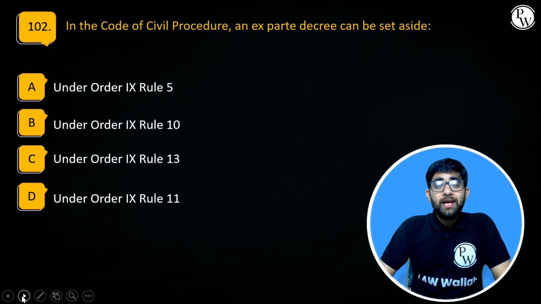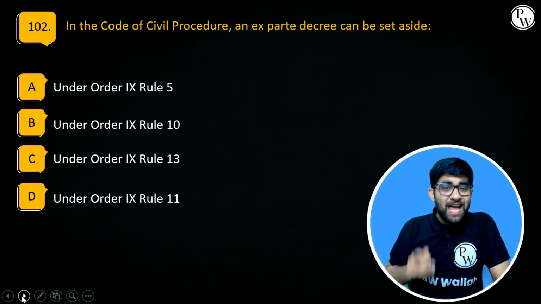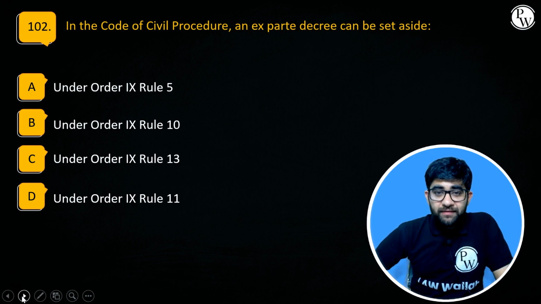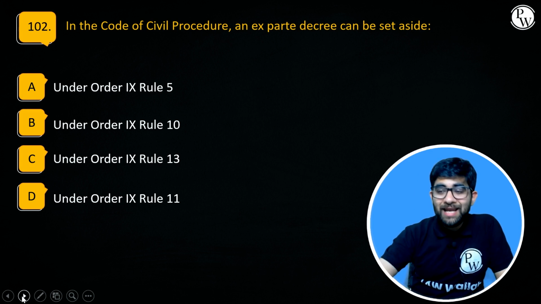Next, in the Code of Civil Procedure, an ex parte decree can be set aside under Order 9 Rule 5, Rule 10, Rule 13 or Rule 11.